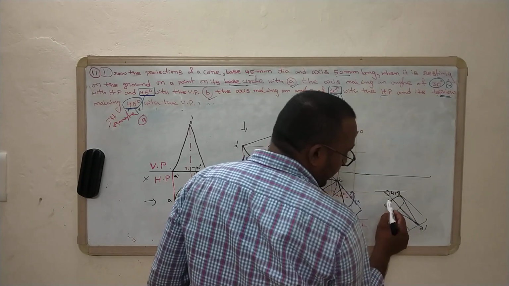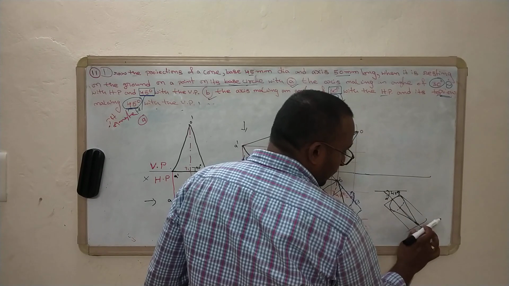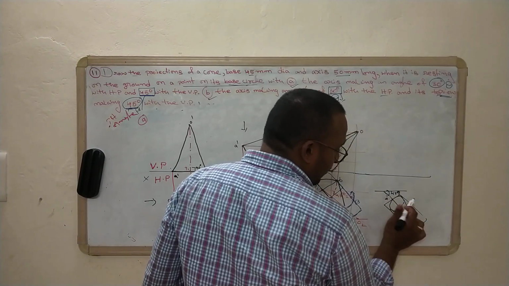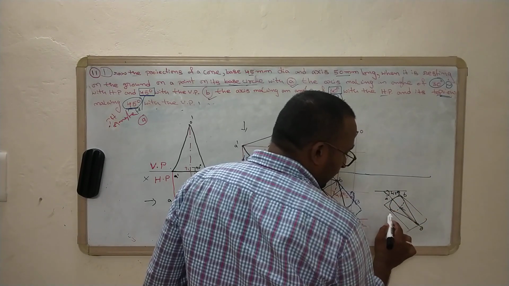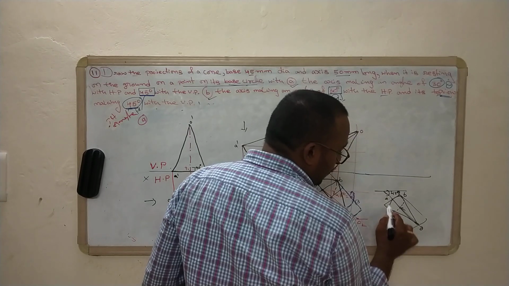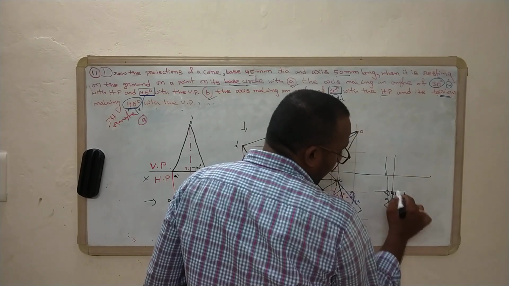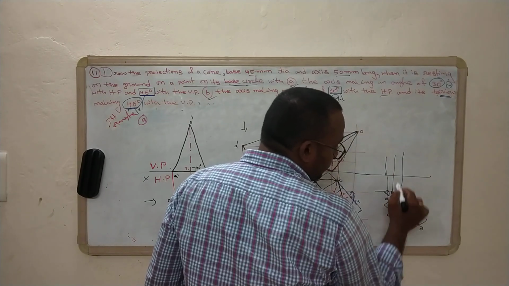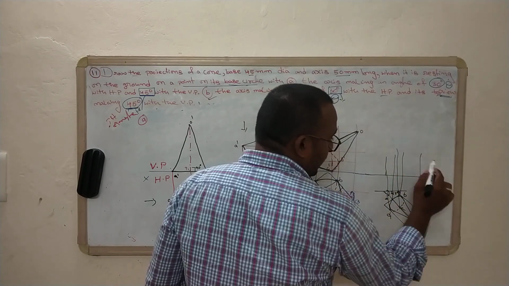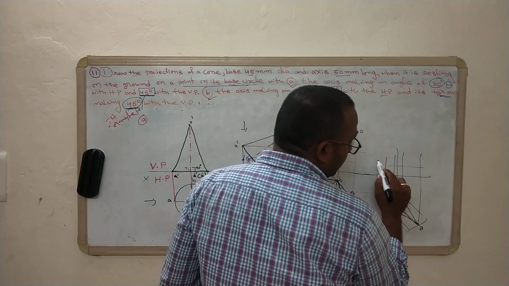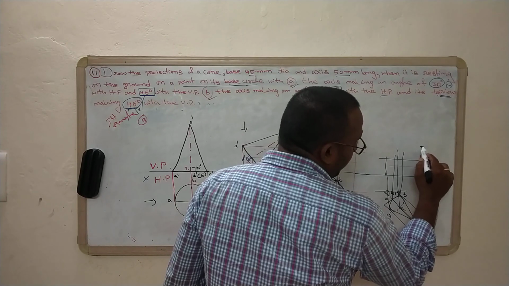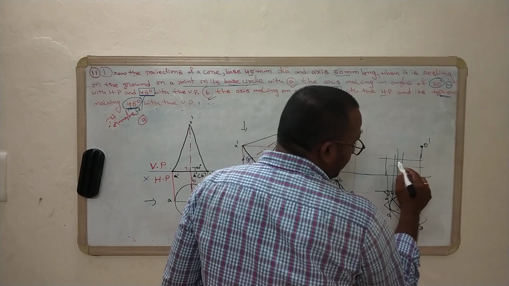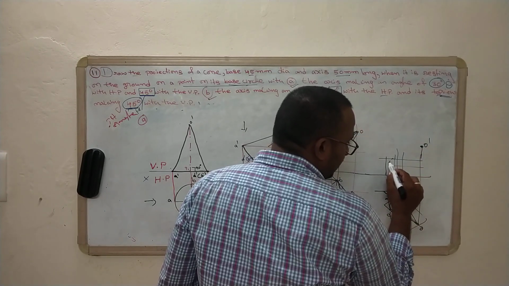Here it is O dash, sorry, O, A, B, C, D. Then you need to project all of them upwards. Then from here also you will get the appropriate points, that is O dash, A dash, like that.